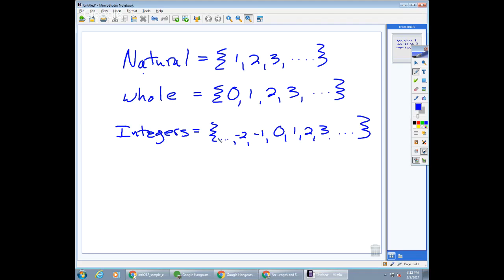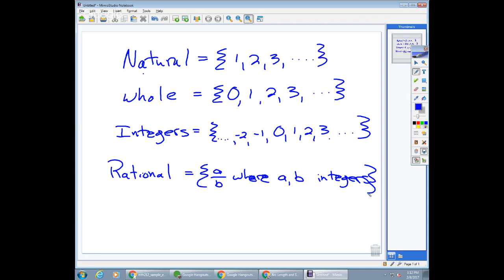Fractions are a bit more complicated, are the rational numbers. If you look in the book in section 6.1, they say that the definition of a rational number is something that looks like A over B, where A and B are integers. And there's one other catch.